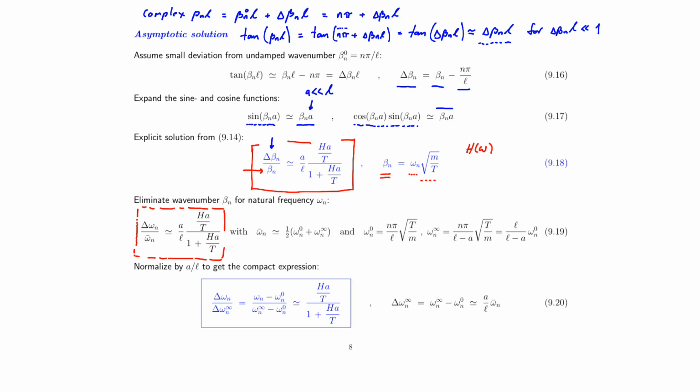But let's assume that we simply add in some kind of approximate or mean value for this natural frequency in the denominator on the left-hand side. And that means we'll get a solution for the change in natural frequency, that is the complex natural frequency minus the undamped natural frequency that we refer to by omega_n0.